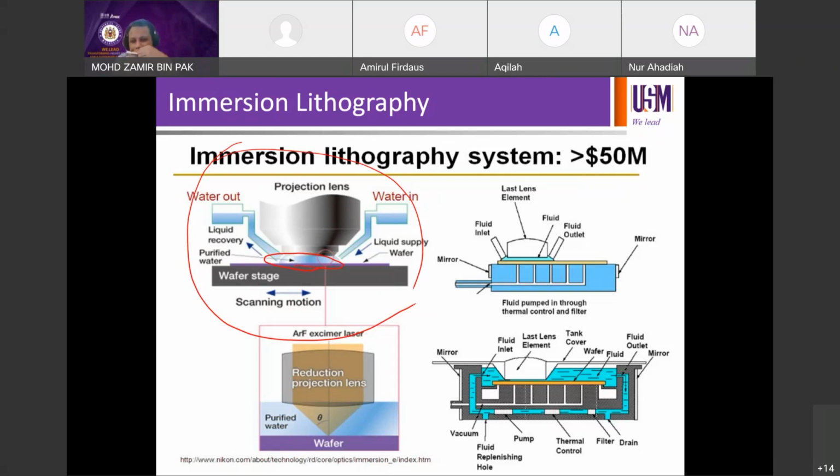What do you think is the material? I leave that to you. Okay, try to search. Why do we need to use water here? Why use water between the projection system and the wafer?